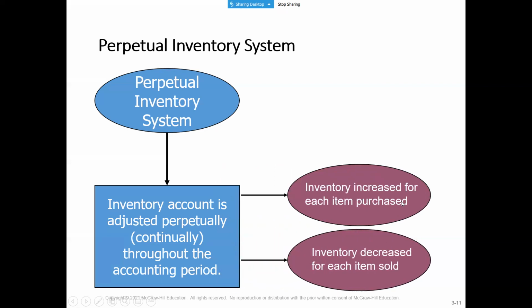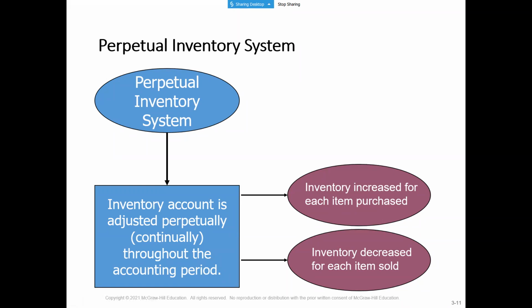So yeah, the perpetual inventory system is what we use in chapter 3. It's what we use, period. The inventory account, as I mentioned before, is continually adjusted through the period for each item purchased and each item sold. And that's where computers come in handy, because to do this by yourself would be an absolute nightmare. So that's why companies have inventory management systems, and basically that's all controlled using barcode scanners.